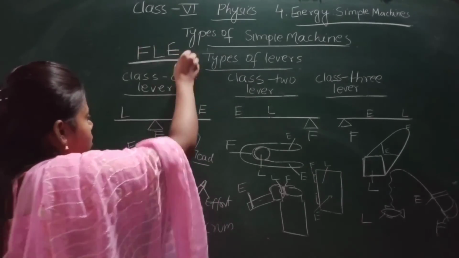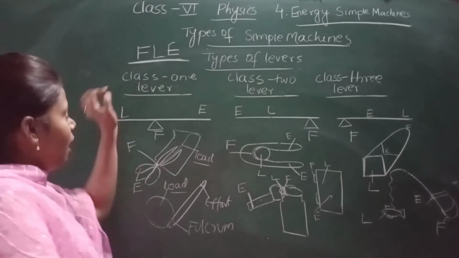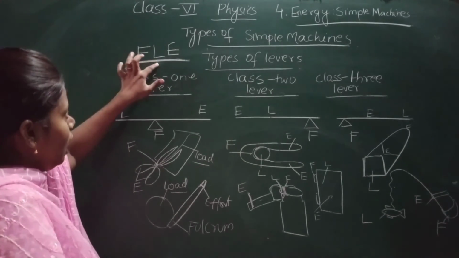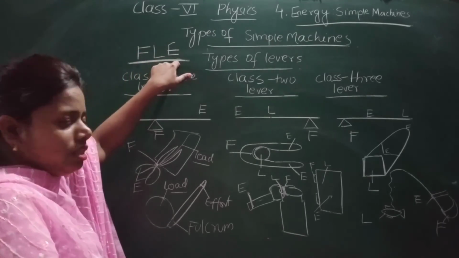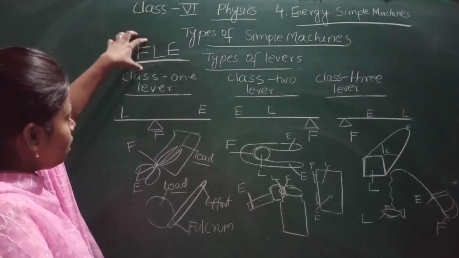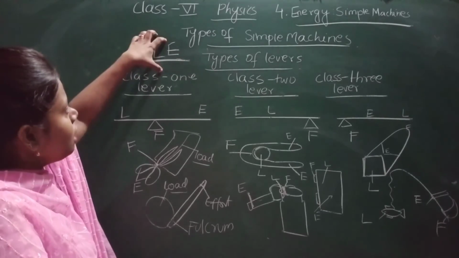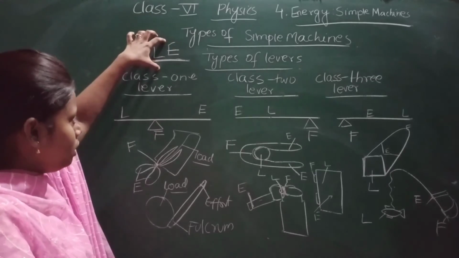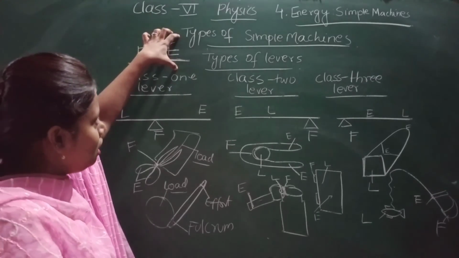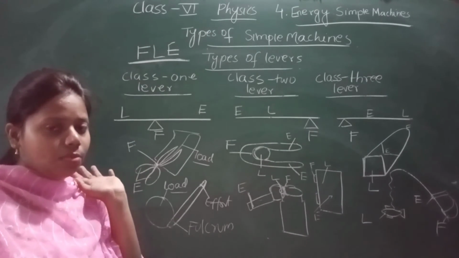F means fulcrum, L means load, E means effort. So in class 1 lever, fulcrum is in the middle, in class 2 lever, load is in the middle, and in class 3 lever, effort is in the middle. So now your confusion will be clear.